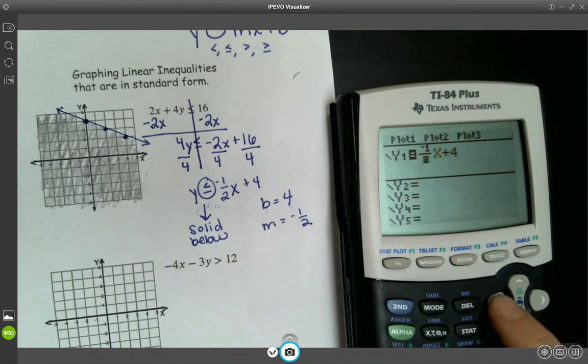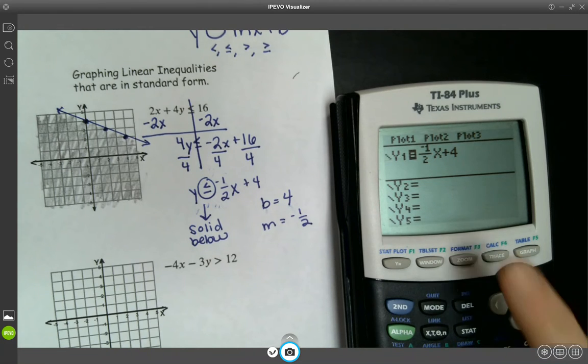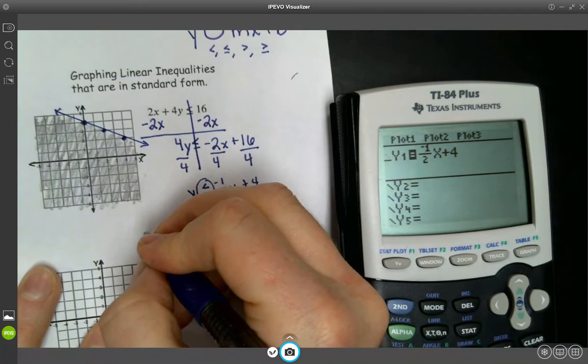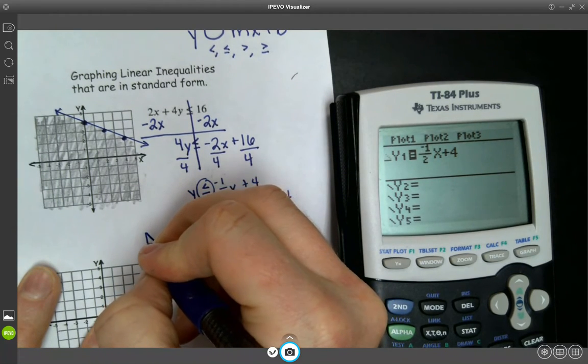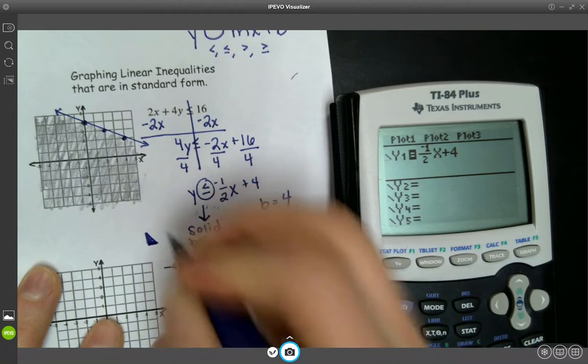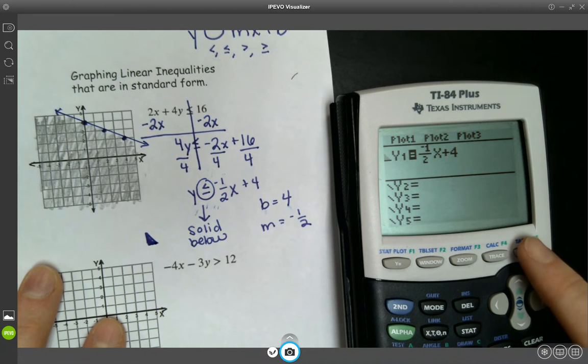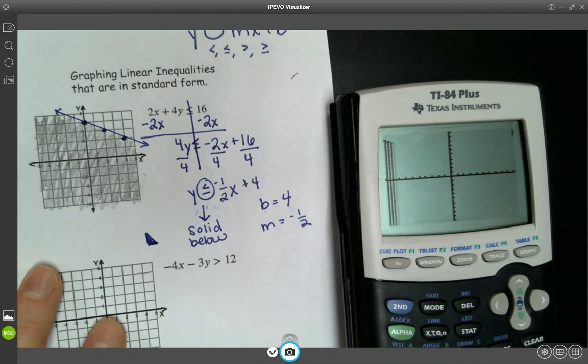All right. Then we need to go to the left side, and it's a below. So remember what the below triangle of shading looks like? Looks like this. So push enter until you get the below one. If you go past it, just keep on pushing enter until you get there. And hit graph.